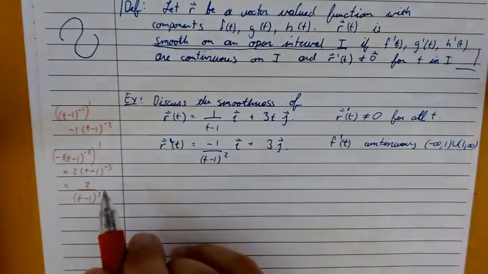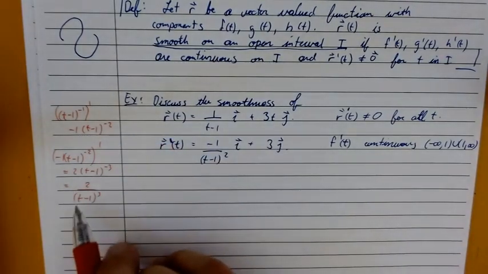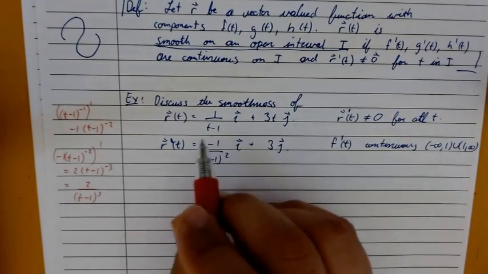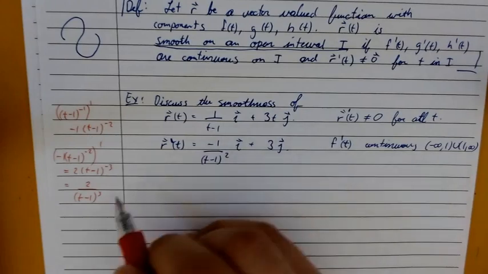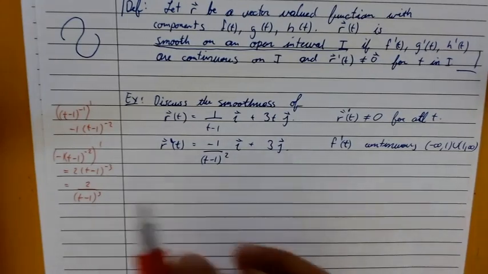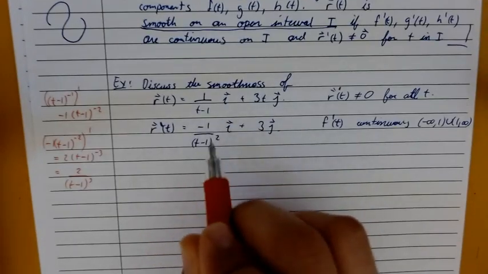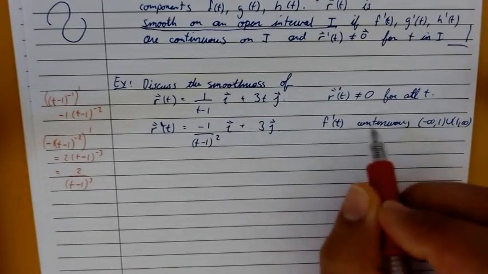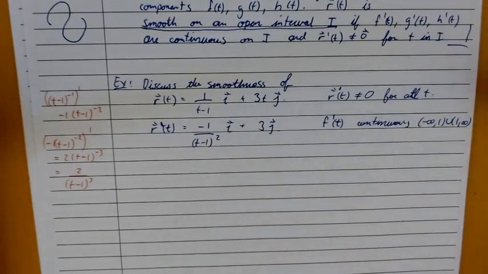That derivative exists for all real numbers except for 1. So then that means that the function is continuous for all real numbers, except at maybe 1. And obviously it's not continuous at 1 because it's not even defined at 1. So the function is continuous for all numbers except for 1.